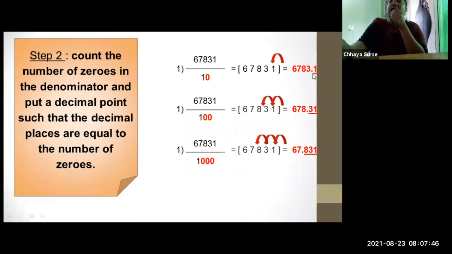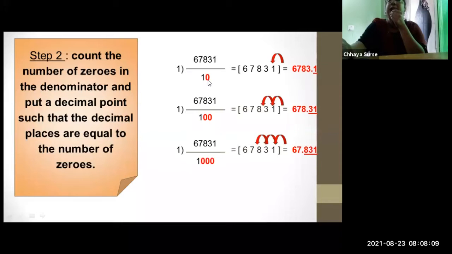Last period I taught you that this point is called the decimal point, and the places after the decimal point are called decimal places. Clear?